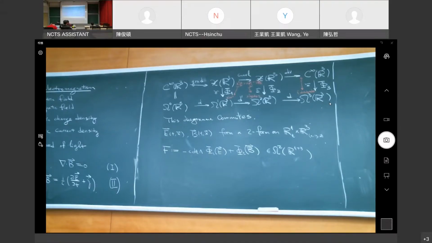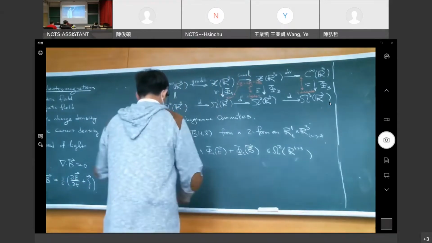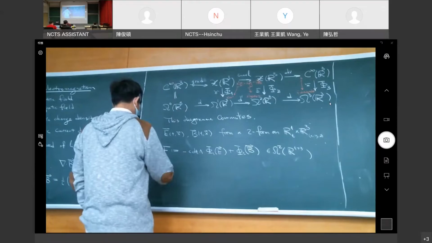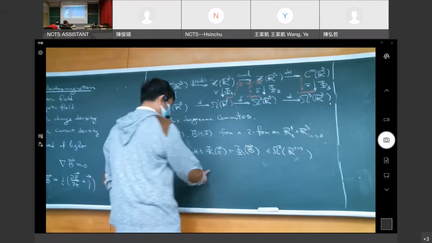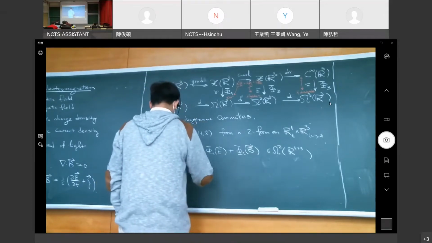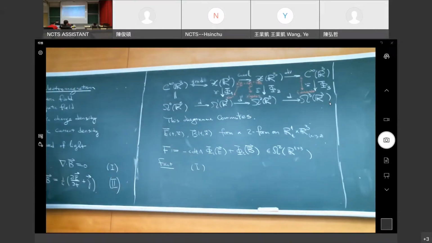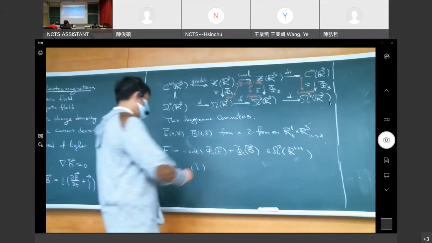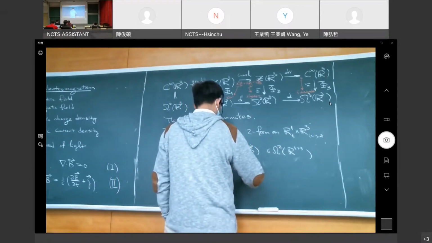So this is our two form, and then using the commutativity of this diagram, a simple exercise in differential geometry shows that the first part of the two equations, namely these two equations, are equivalent to a simple statement that F is a closed two form.